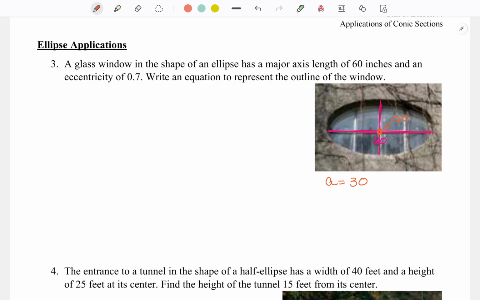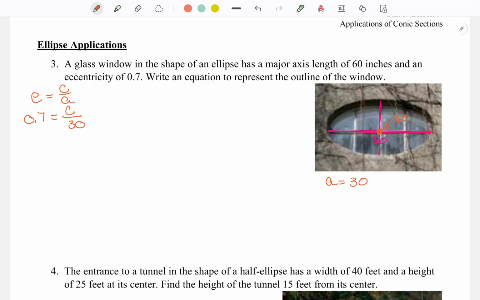And then we're going to need to back up and find our C, which will then let us find our B. If we know our eccentricity is C over A, and that is 0.7, and our A should be 30.